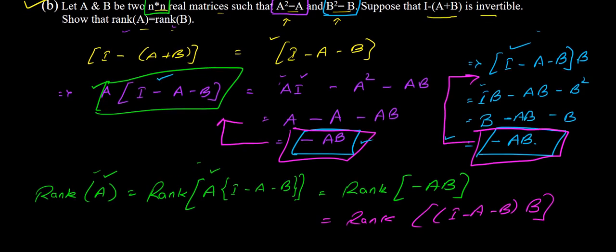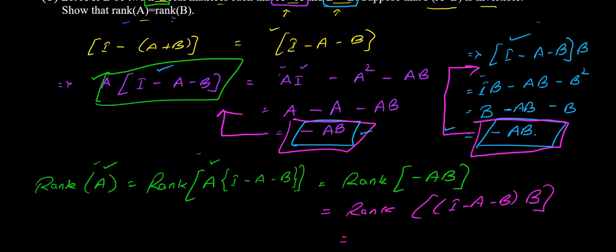So both the ranks will be same, and from this we can say that this is equal to rank of B, because here also we have n cross n matrices, whereas here we are multiplying this single matrix with another matrix B, and here we have only the matrix B. Therefore both the ranks will be same.